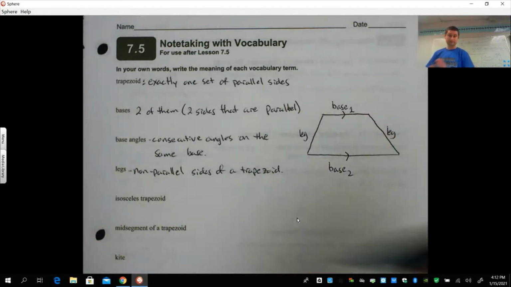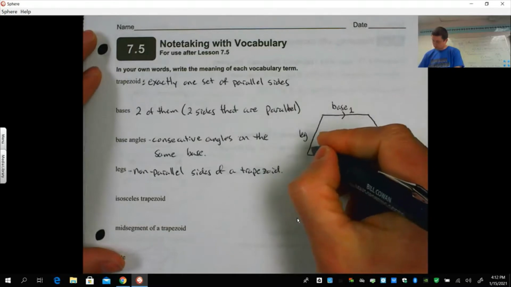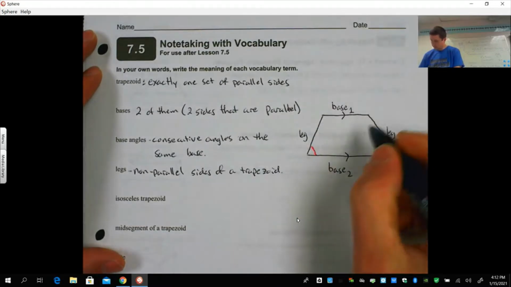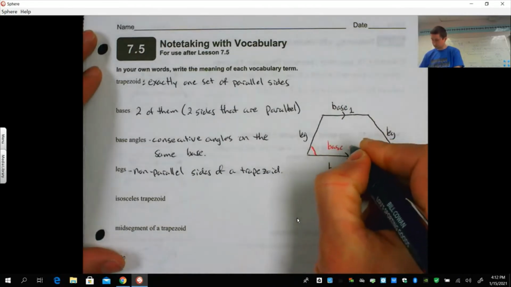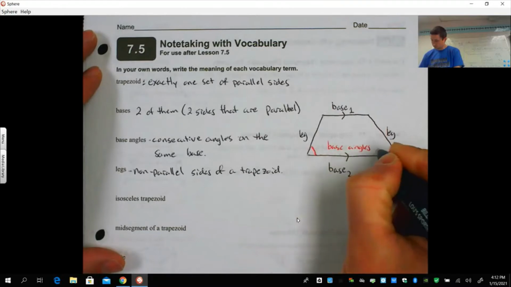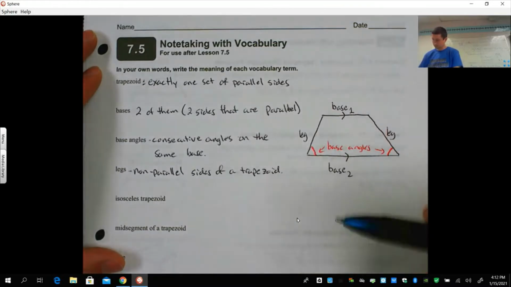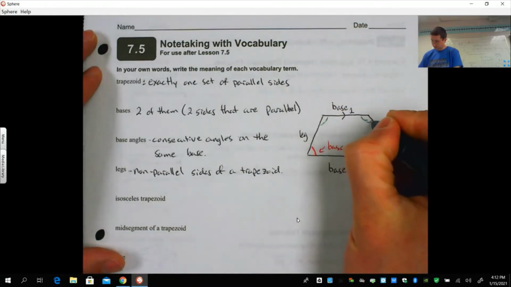Base angles. Got the base angles. So here, these two would be considered base angles. Not necessarily congruent to each other. There's a base angle, there's a base angle. And then these two up here would be base angles.